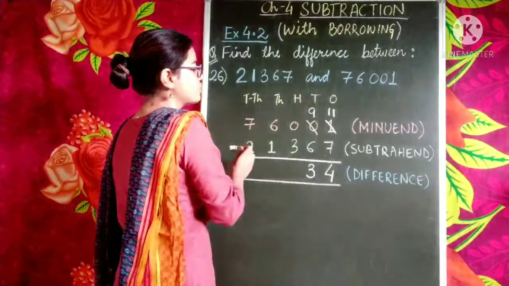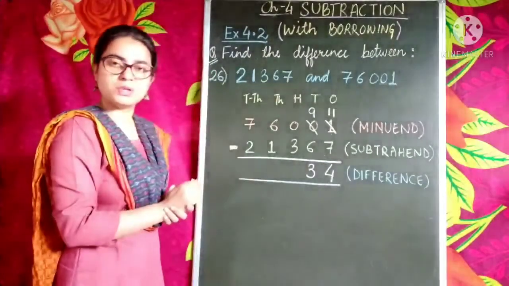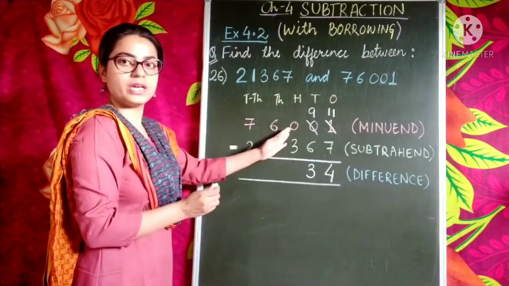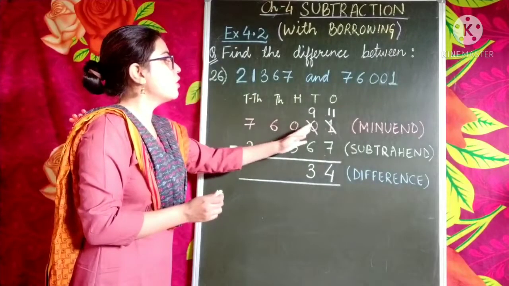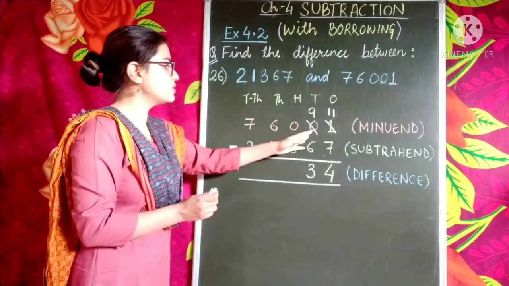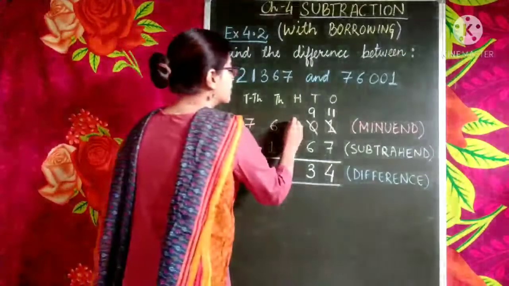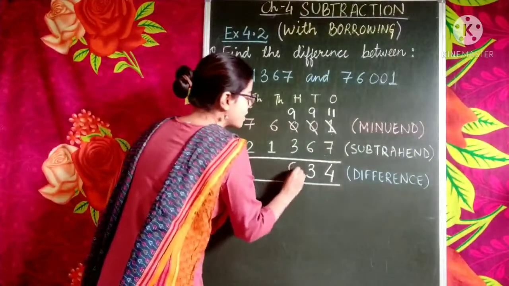Moving on to the hundreds place. Again, we have 0. 0 minus 3, not possible. So, it will borrow 1 from 6. It would have become 10, but it has already given 1 ten to the 0 on its right, so it will become 10 minus 1, 9. So, 9 hundreds minus 3 hundreds is 6 hundreds.